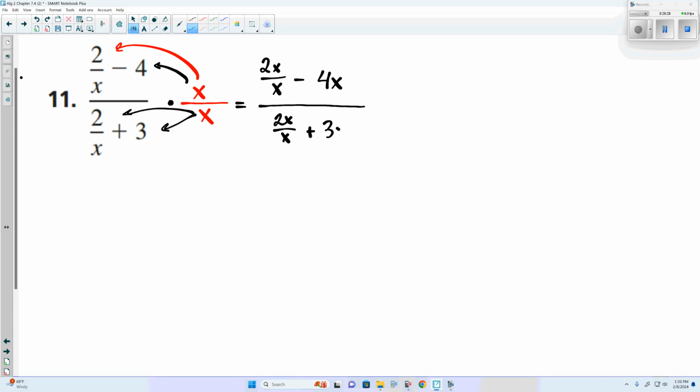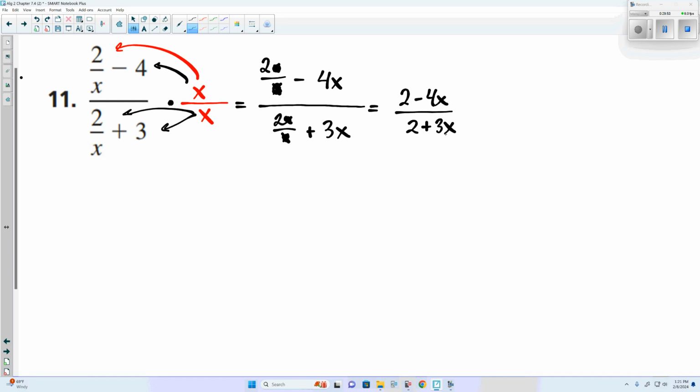Simplify. The x over x cancels, leaving us with 2 minus 4x. Again in the denominator, x and x cancel, leaving us with 2 plus 3x.